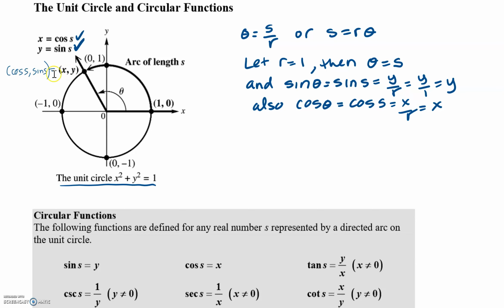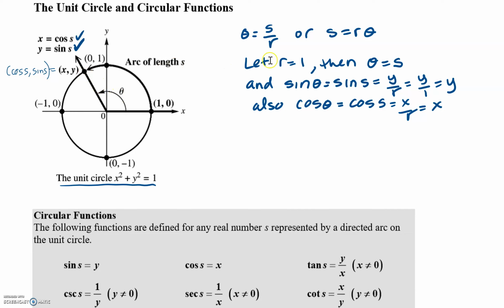When interpreted this way, these functions, cosine of s and sine of s, are called circular functions, which brings us to our definition below of circular functions. It says the following functions are defined for any real number s. So now s can be any real number, and it can have units, represented by a directed arc on the unit circle. So here is the arc instead of the angle.